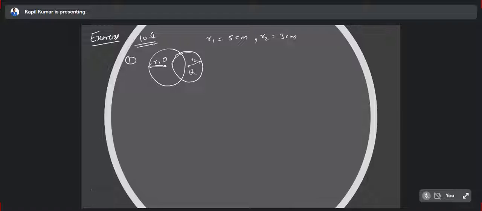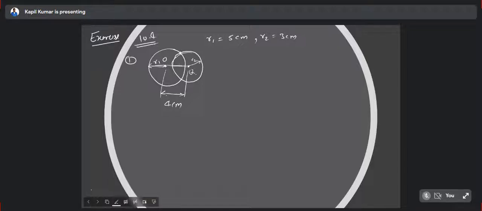Now if you join this line, center to center line, the distance between the centers is given as how much? 4 centimeter. Okay, and we need to find the value of this common chord. So where will be the common chord?